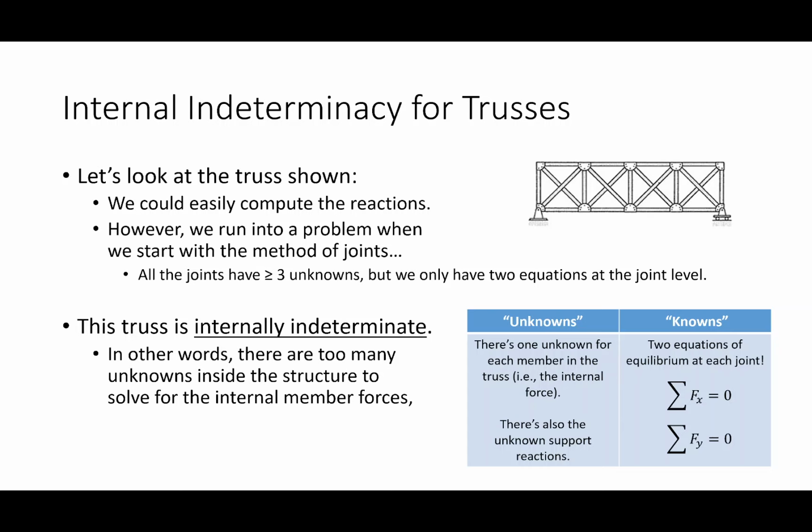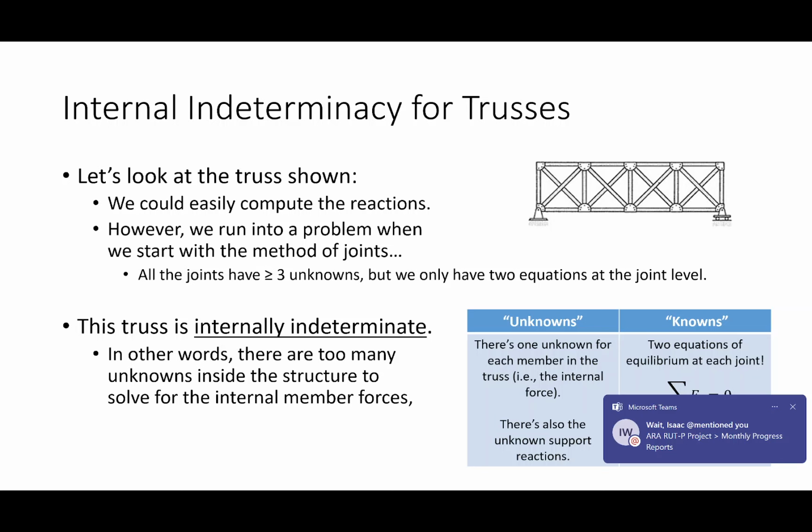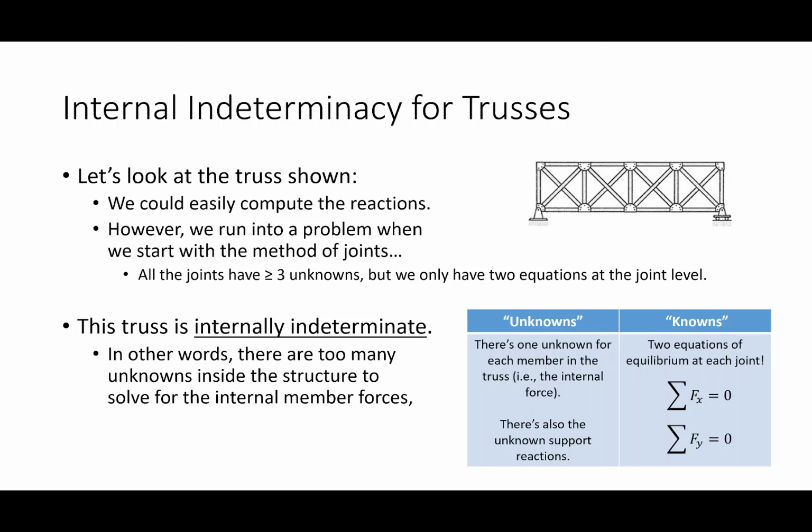And I'm also going to tack on the reactions as well, because those are unknowns regarding the forces on the joints as well, okay? So what are my known quantities? Two equations of equilibrium at each joint. What are my unknowns? Well, there's an unknown for each member in the truss, and there's unknowns for every support reaction.